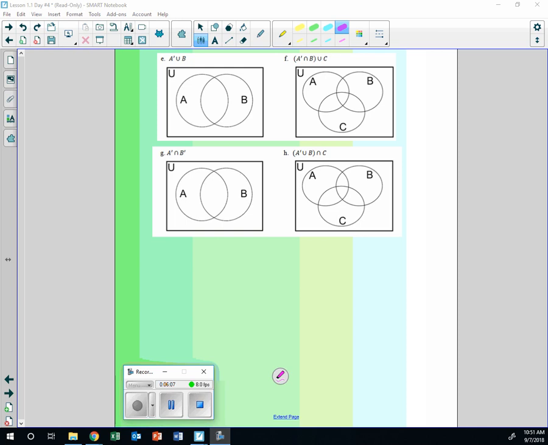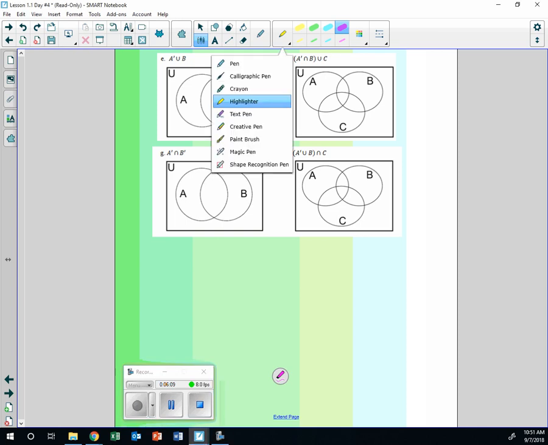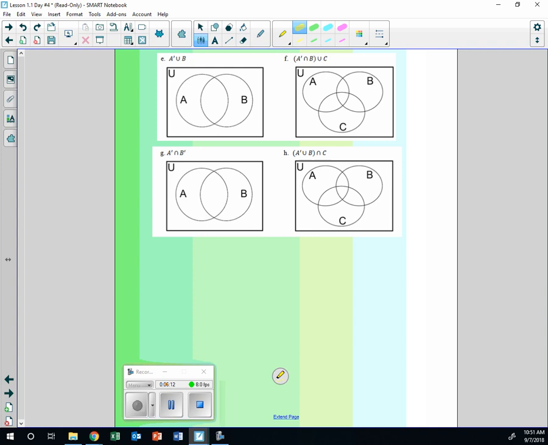For E, you're going to do not A again. And we did this one. Yeah, the U is the universe out in the corner. Doesn't affect it. And then we're going to union that with B. So that's what that's going to be.